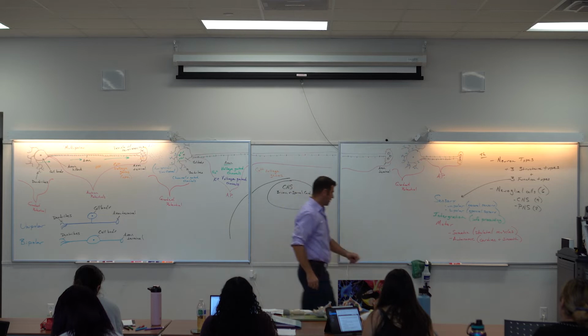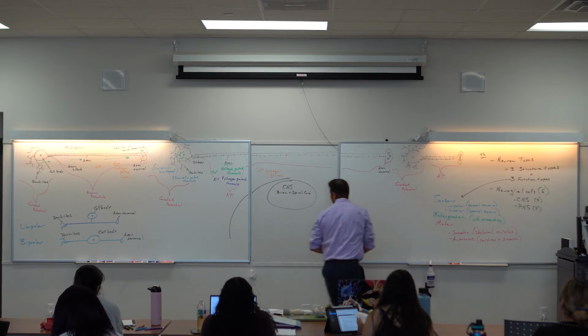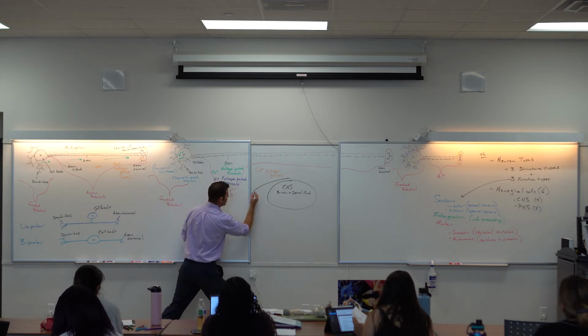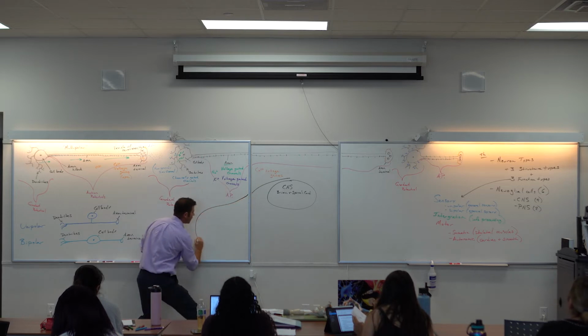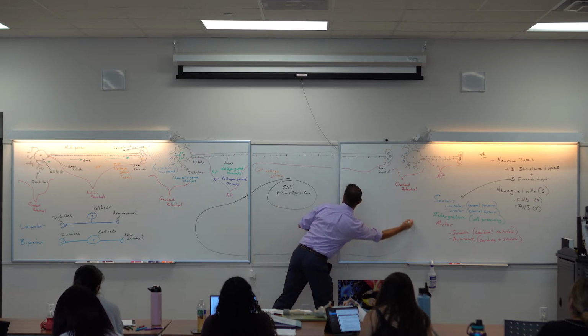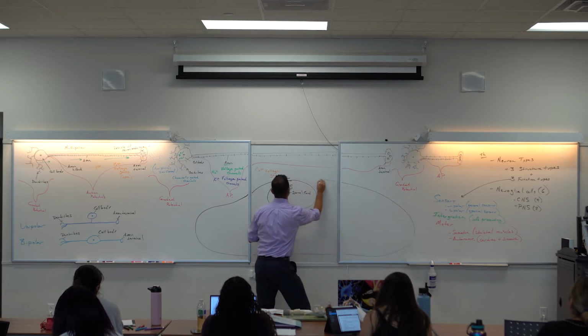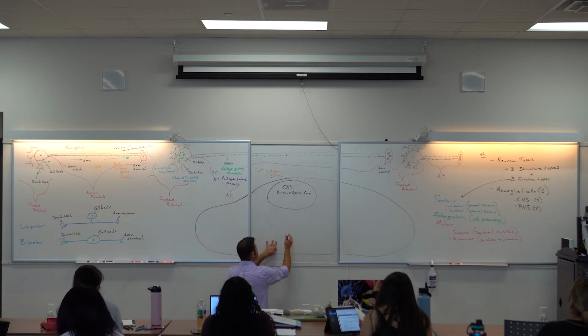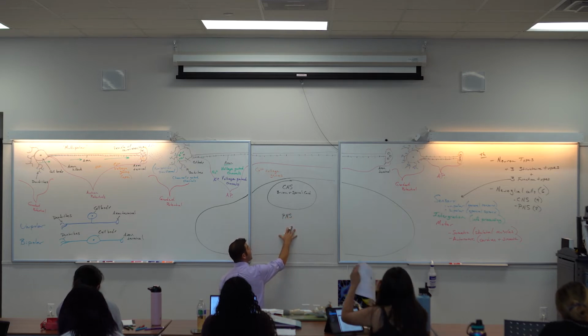Give me a second to give myself a little bit more room. It won't be a perfect circle, but let's drag that out a little bit. So this second circle out here is what we call the peripheral nervous system. These are all of the neurons outside of the brain and spinal cord.